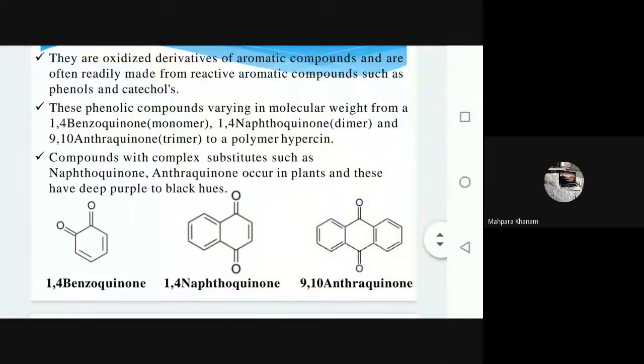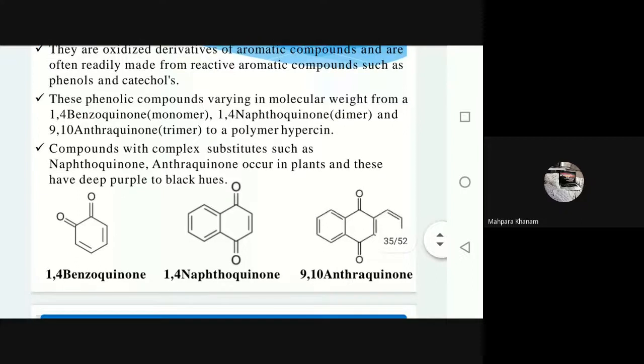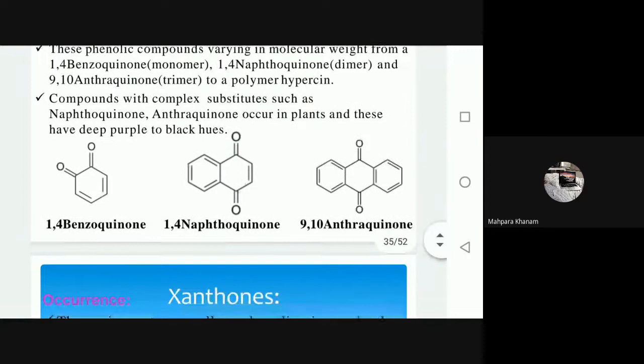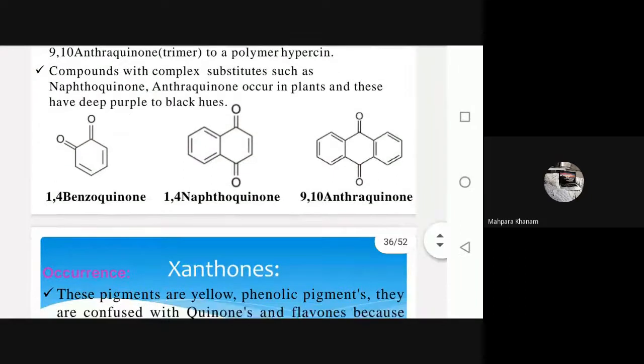If you want to remember, you can, otherwise these are slides of a master's degree food chemistry course, so you need not remember. But if you want, you can remember the monomers, dimers and trimers. The subcomponents of the quinone group are benzoquinone, naphthoquinone, and anthraquinone.